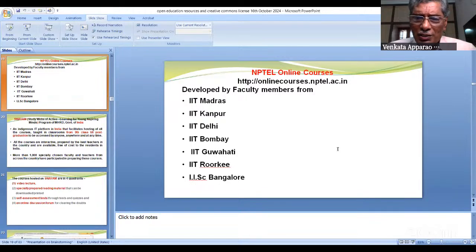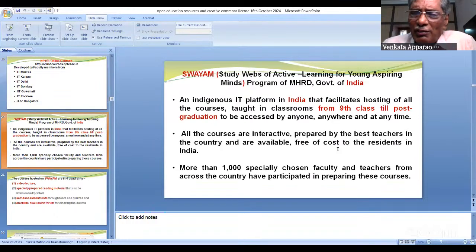NPTEL online courses. This is the website you can go through, onlinecourses.nptel.ac.in, developed by faculty members from IIT Madras, IIT Kanpur, Delhi, Bombay, Guwahati, Roorkee, and IISc Bangalore. Then you also have OERs in the form of SWAYAM, Study Webs of Active Learning for Young Aspiring Minds.